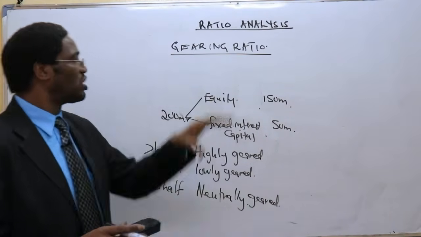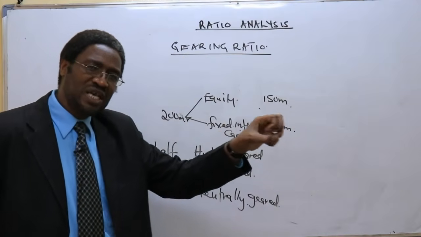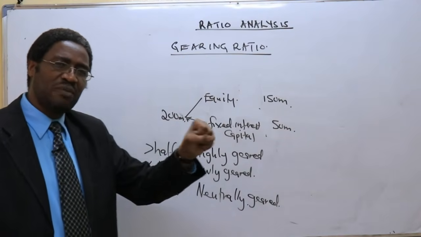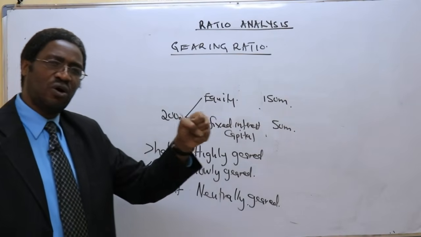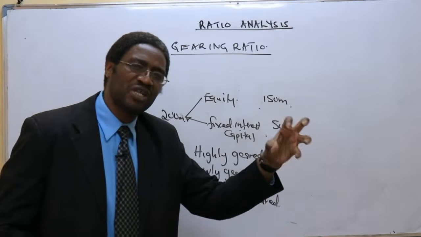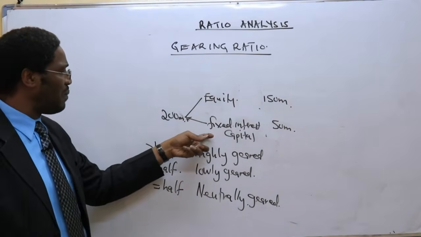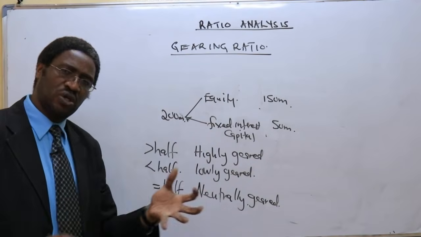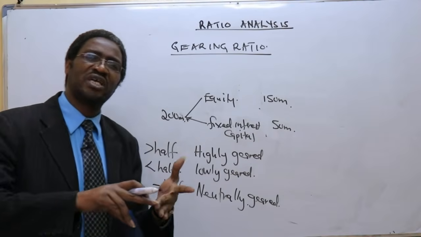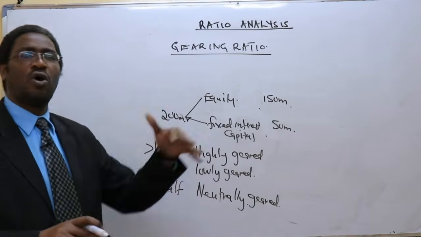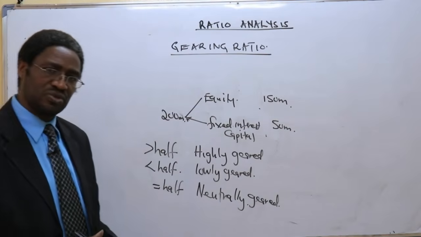To get equity capital, you add the share capital, the share premium, the retained profit in the statement of financial position, and all the general reserves that belong to ordinary shareholders. To get the total fixed interest capital, take the amount of the loan, the preference share capital, and the debentures. All those earn a fixed return, so classify them as fixed interest capital.